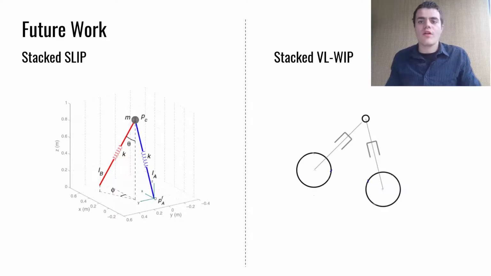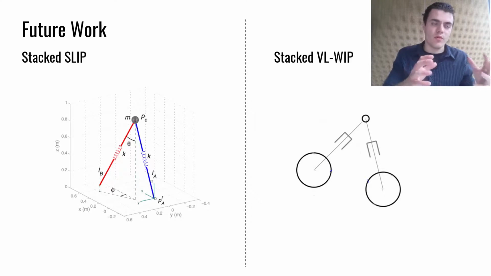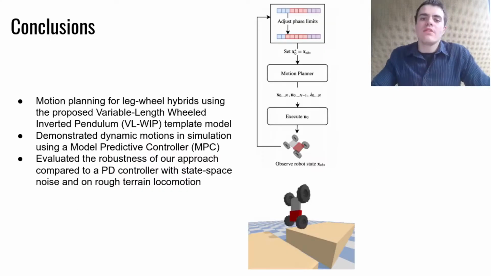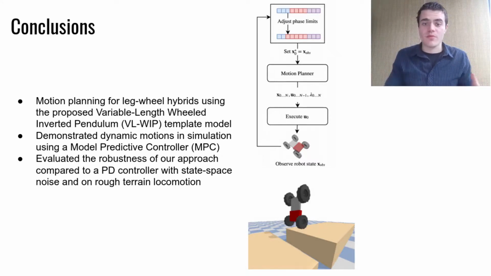In the future, we can extend the variable length wheel inverted pendulum model to 3D by stacking two or more, depending on the robot, to use on bipeds and quadrupeds. In conclusion, we developed a pipeline for the control of hybrid wheel jumping robots, the simplest hybrid wheel jumping robot, based on a simple template model.